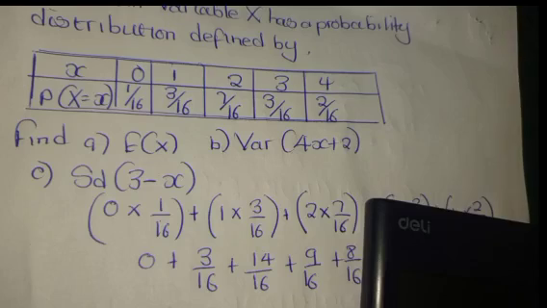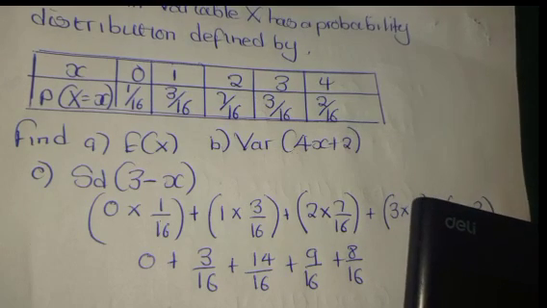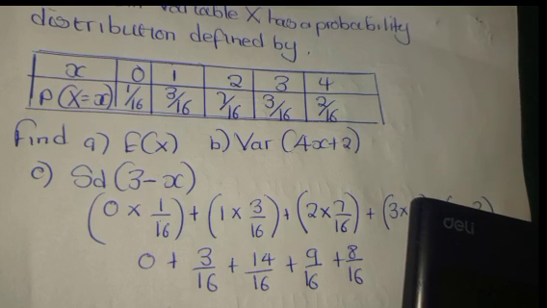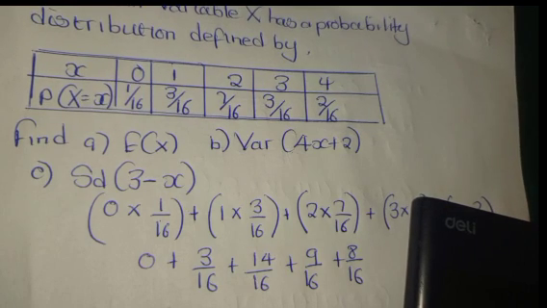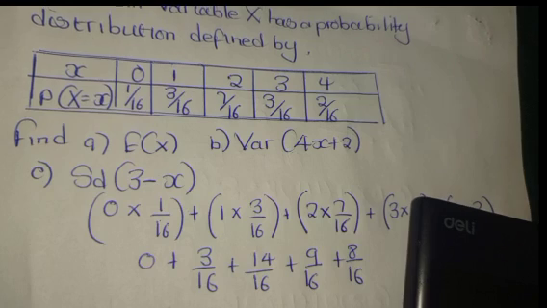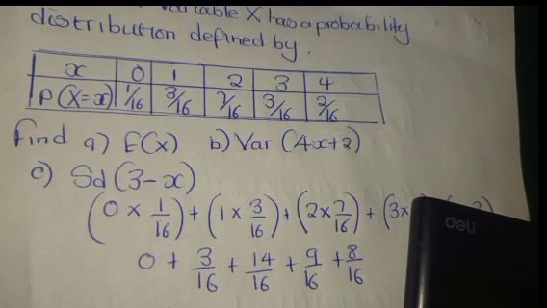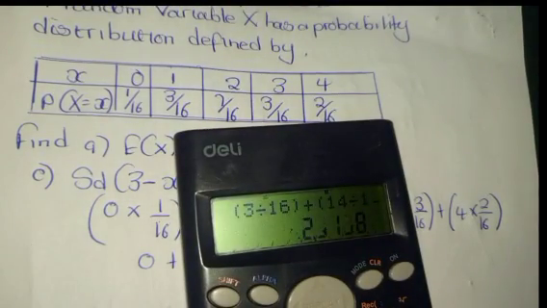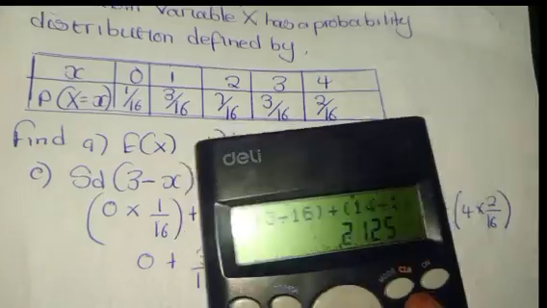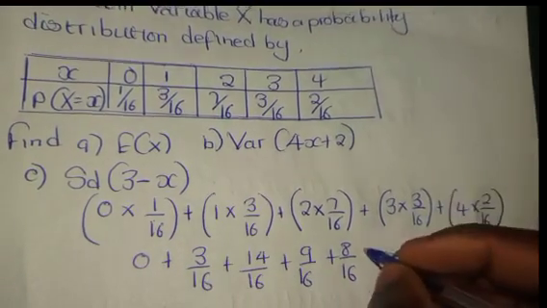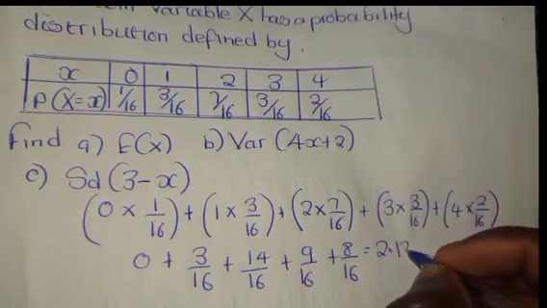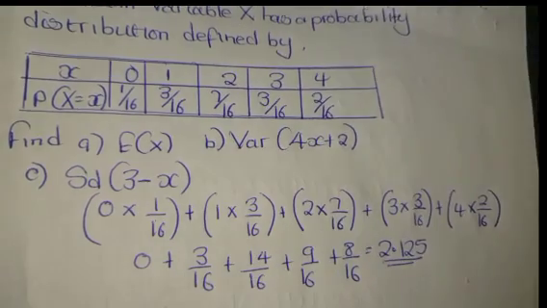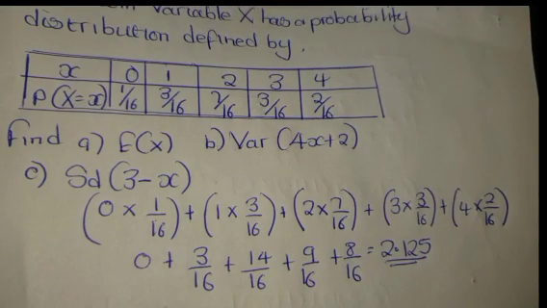So we will get our calculator and add 3 divided by 16, plus 14 divided by 16, plus 9 divided by 16, plus 8 divided by 16, and you will get your answer to be 2.125. So this is simply the expected value of x.